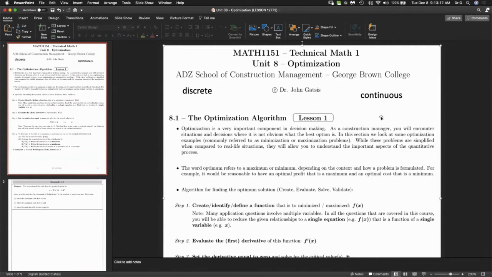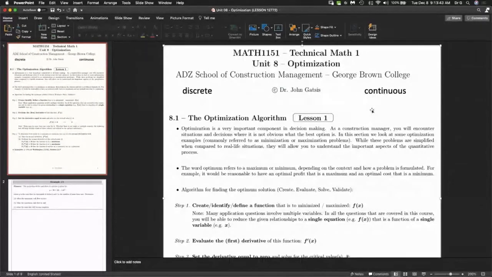Temperature is a continuous variable because you could have 29 Fahrenheit, you could have 31 Fahrenheit, but you could also have 28.692 Fahrenheit. So you could have these decimal numbers in between, virtually an infinite amount of divisions in them.